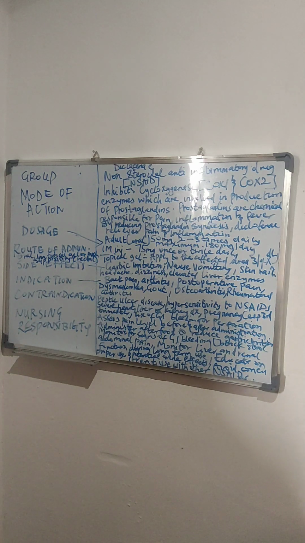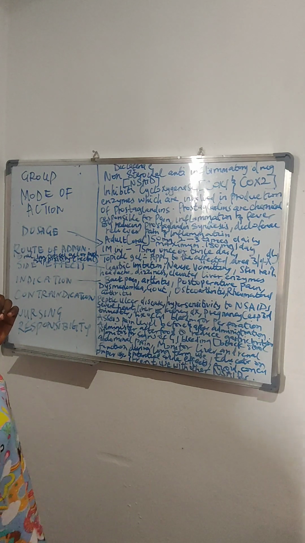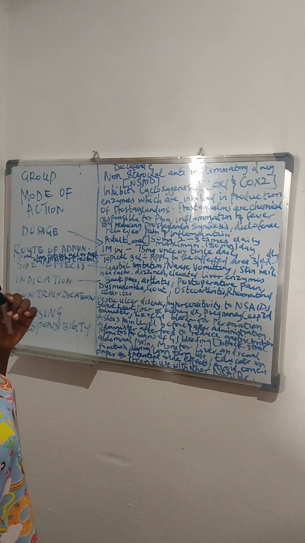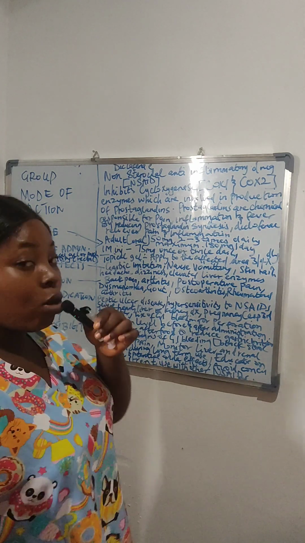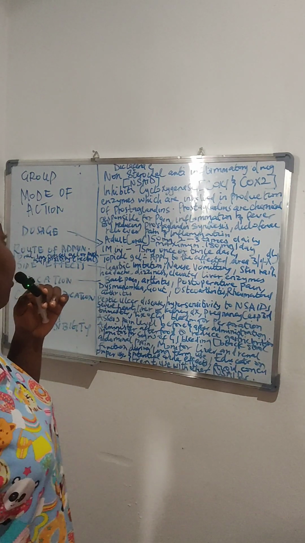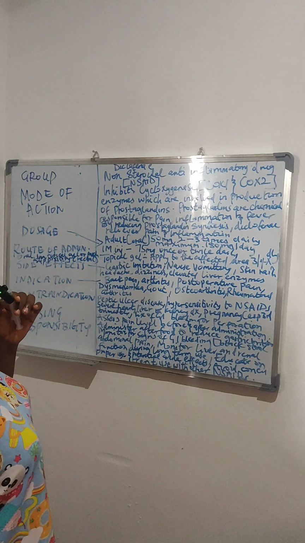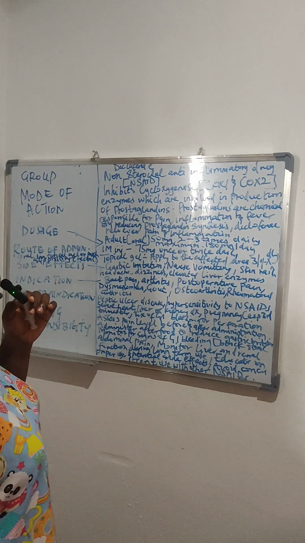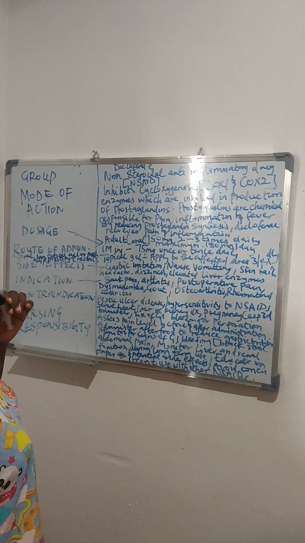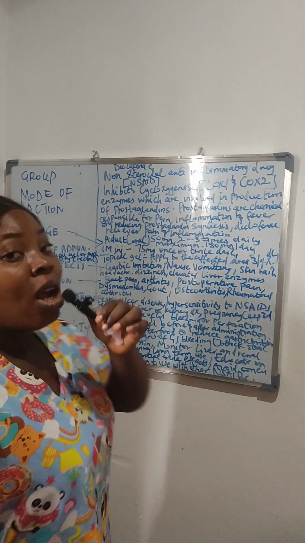Okay, so the group: diclofenac belongs to a group of drugs called nonsteroidal anti-inflammatory drugs, also known as NSAIDs. It inhibits cyclooxygenase, that is the COX-1 and COX-2 enzymes, which are involved in the production of prostaglandin.